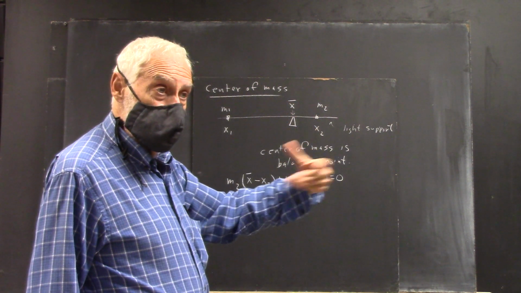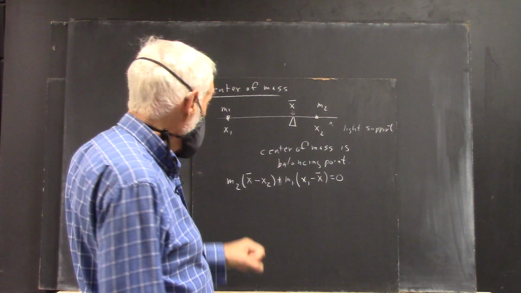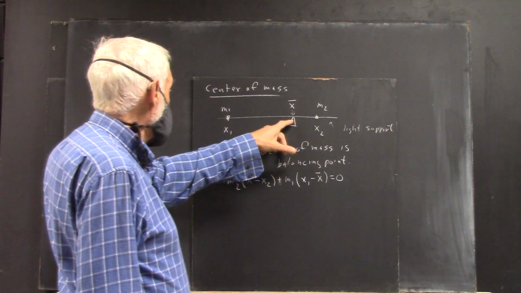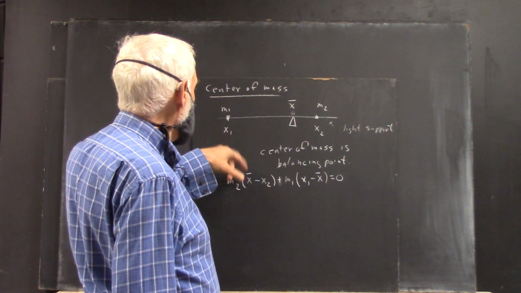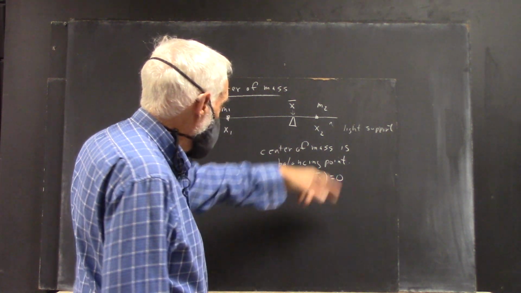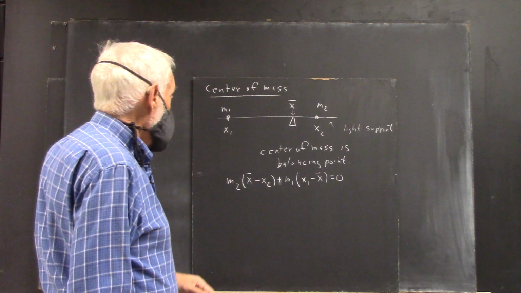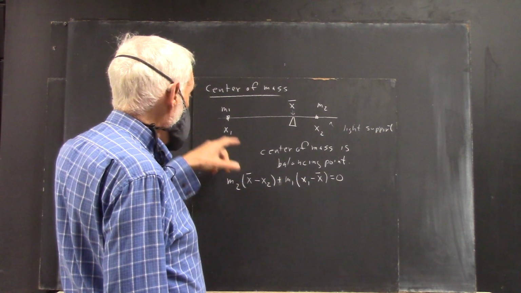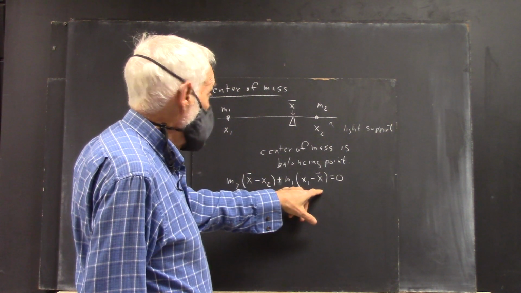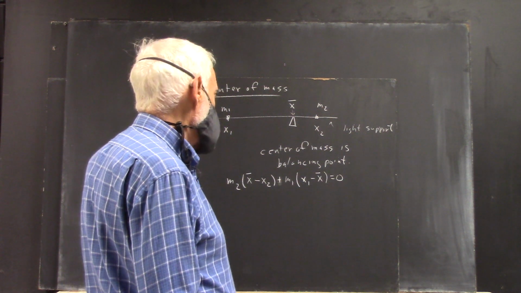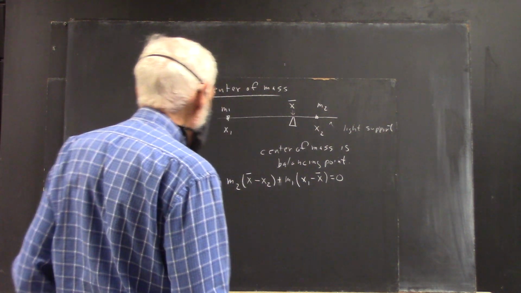Now, this is intuitive, but we make it more precise here in a couple of weeks. Okay? This one gives you a positive torque because it tends to rotate you around this way in the positive direction. And you get that by multiplying M1 times x1 minus x bar. Okay, so there's the equation.